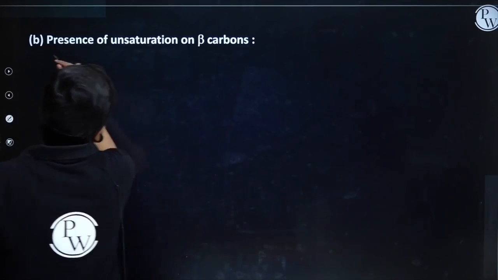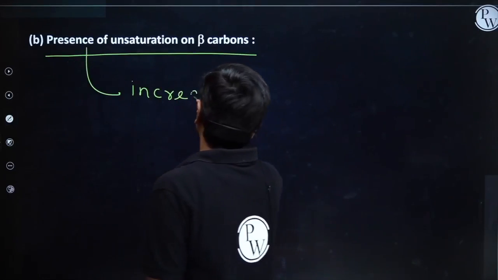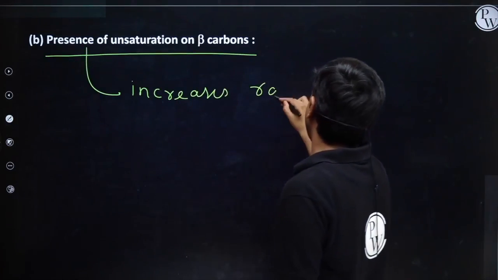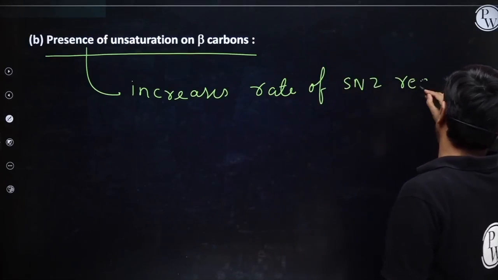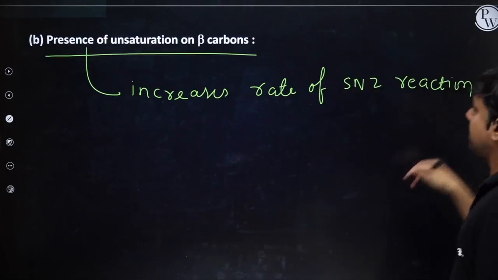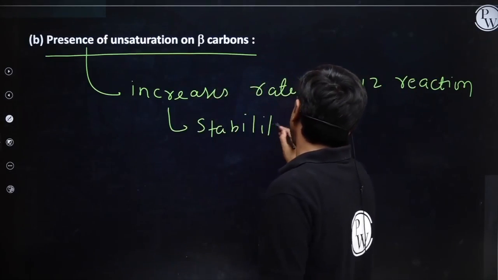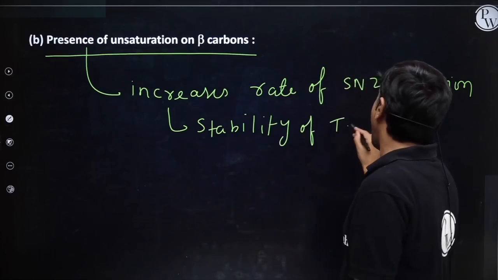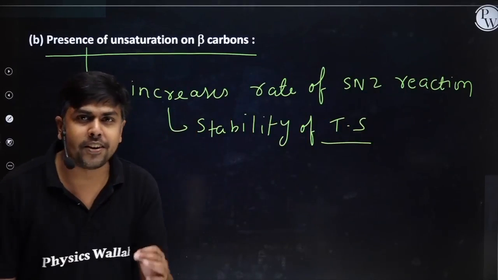So the presence of unsaturation on the beta carbon increases the rate of SN2 reaction. The reason is the stability of the TS. The higher the stability of the TS, the faster the rate of SN2 reaction.